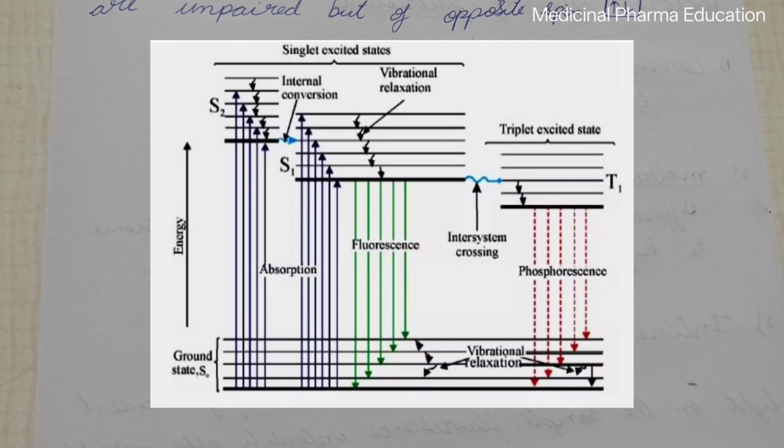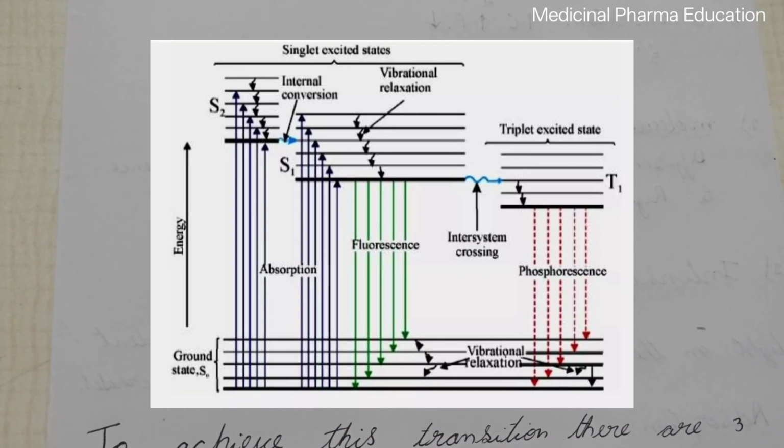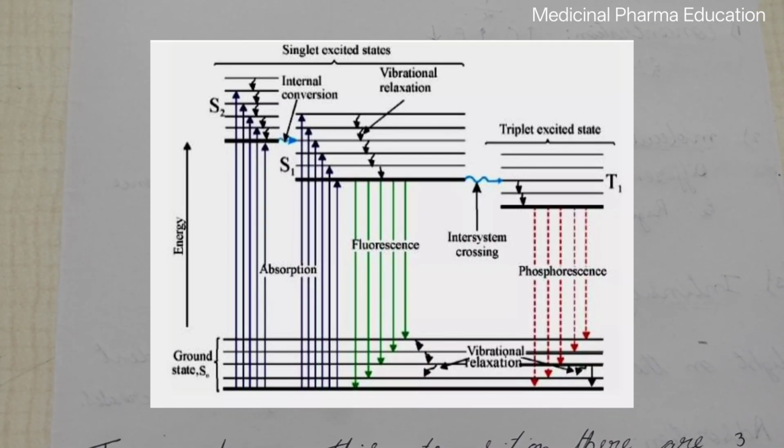Okay, S1 and S2 states. After S1 and S2, in S1 you can see the fluorescence coming back, and in the triplet state the phosphorescence is coming back. Okay, I'll explain. I think you have understood.